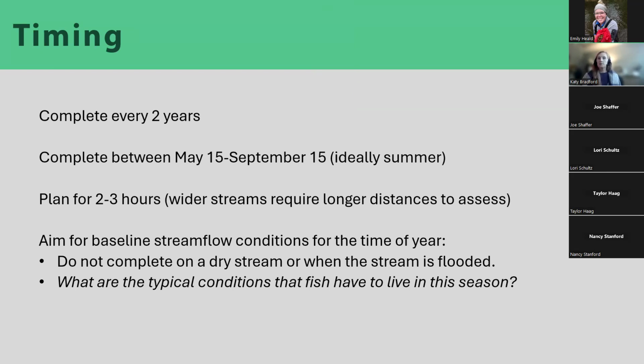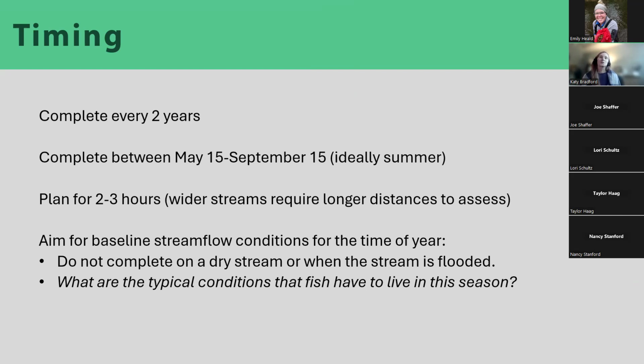So keep that in mind. You're going to need an afternoon or a morning, and wider streams will require you to walk longer distances. So if you have a really narrow stream, it won't take you as long as if you have a really wide stream. And then in terms of what conditions, I've had this question before. You want to aim to do this during the baseline or the typical stream flow conditions for that time of year you're monitoring. So you don't want to do it on a dry stream because then fish can't live there. So there's no point.